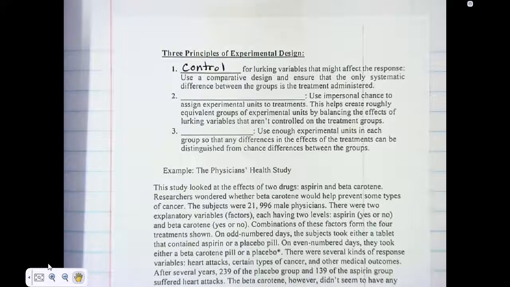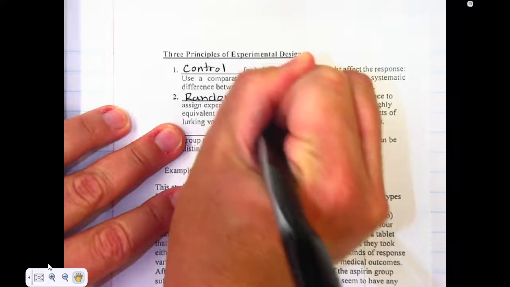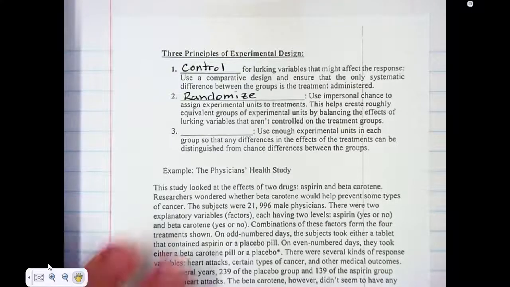The next thing that you have to have is randomization. So you need to randomize. Now, that's using impersonal chance, which means you can't pick. So using impersonal chance to assign experimental units to treatments. Okay, so notice it's experimental units to treatments.